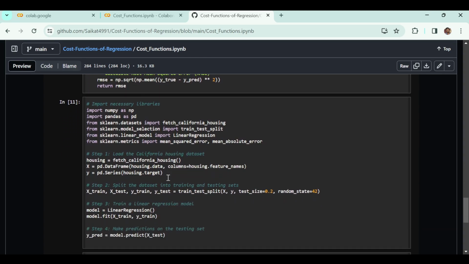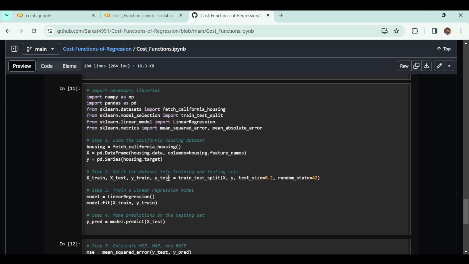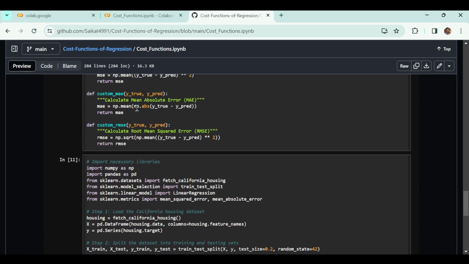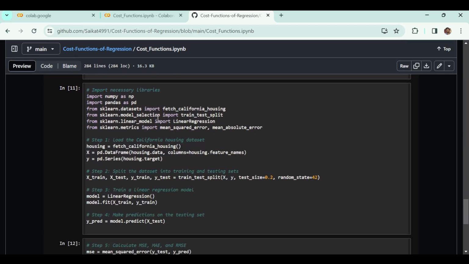Now I'm going to make the dataset and apply the cost function on it after applying the regression model. So import the libraries. This is the pandas library for the data frame. This is the numpy library for np.absolute and np.mean, and from the sklearn library we took the California housing data.